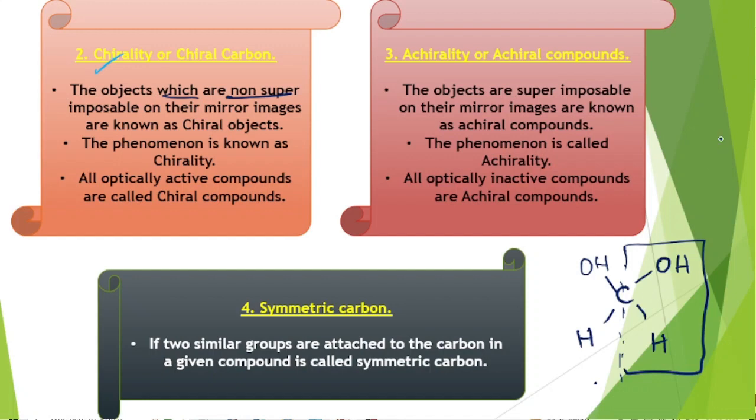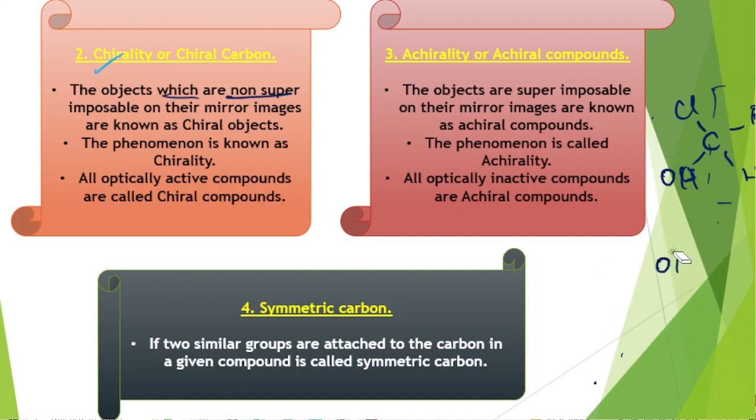If it is non-superimposable, then here Cl, here Br, here H, here OH, if all different groups are attached, then whatever groups are here are not the same in the reflection. These are the non-superimposable images. Clear? As it is, if it reflects as a mirror image, then it is superimposable. If it is not reflecting like that, then it is called non-superimposable images.